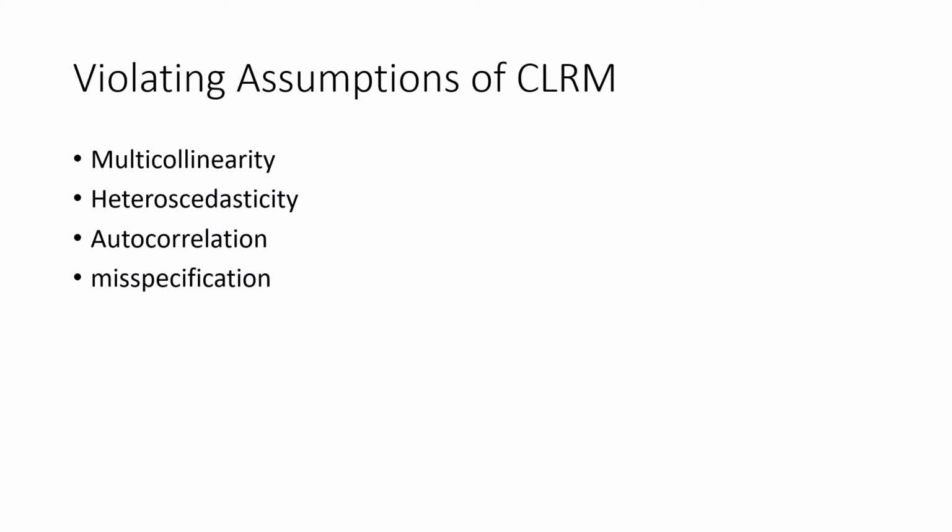Before starting with multicollinearity, first we need to understand the assumptions of the classical linear regression model. A typical classical linear regression model has a dependent variable, let's say yt, and a number of independent variables: alpha plus beta 1 x1 plus beta 2 x2 and an error term.